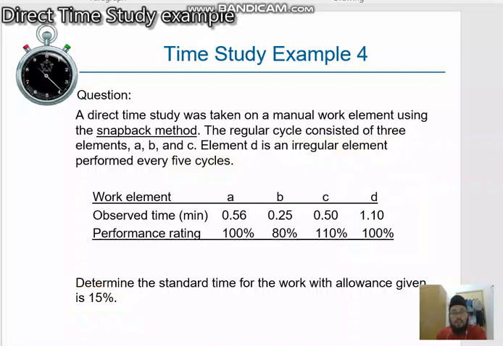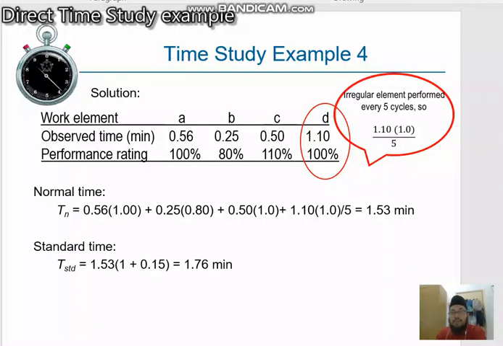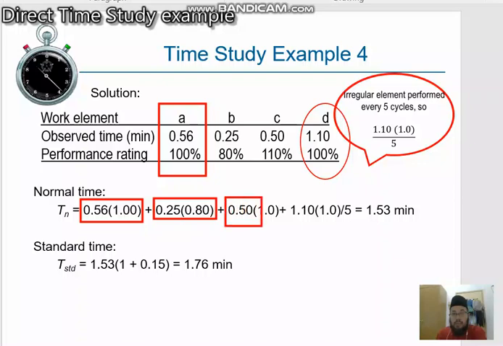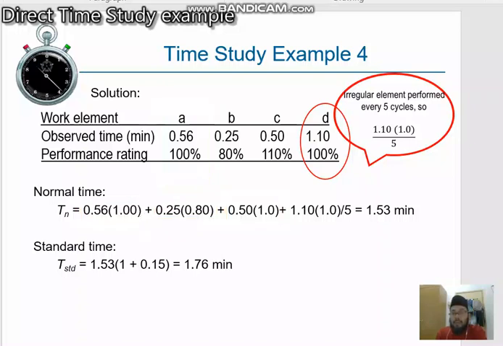Okay. So to solve it, we look at the next table. For elements A, B, and C, because they are regular elements, we determine them as usual. For example, in A, 0.56 times 1 gives the normal time, and similarly for B and C. But for element D, we have highlighted that it is an irregular element performed every 5 cycles.